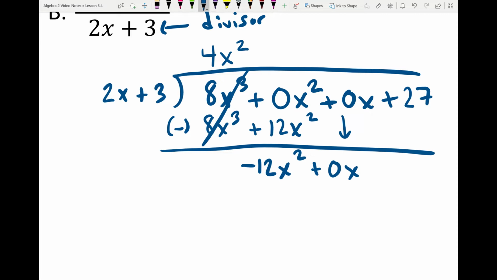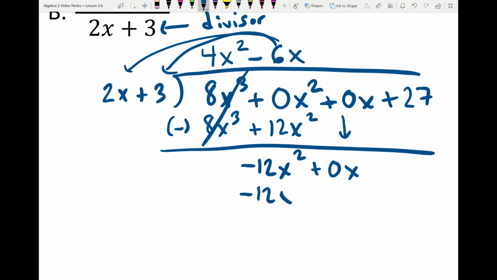Well, 2 goes into negative 12 negative 6 times, and x times x is x squared, so that works out. Now distribute: 2x times negative 6x is negative 12x squared. Negative 6x times positive 3 is negative 18x.